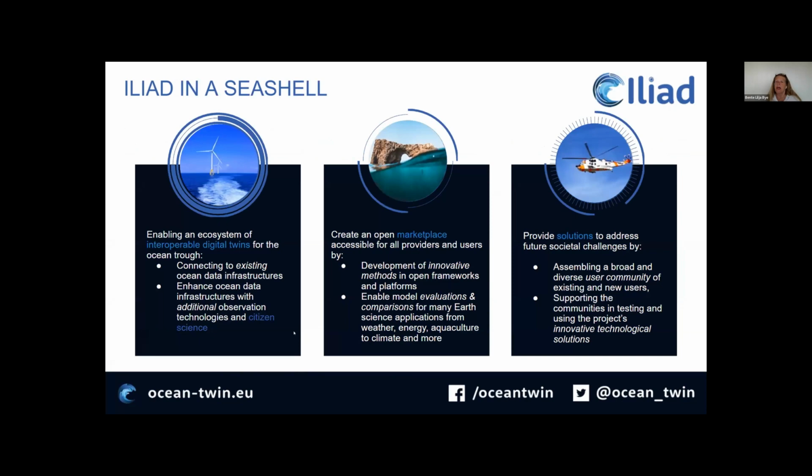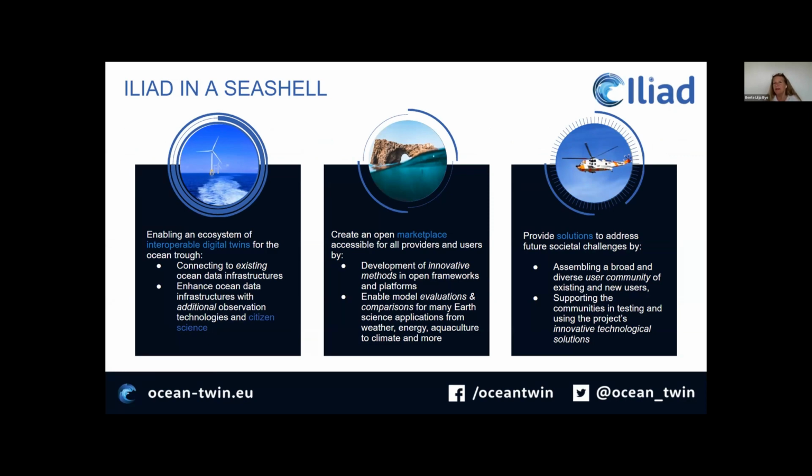In Iliad, we have three pillars, Iliad in the seashell here. First of all, we are enabling an ecosystem of interoperable digital twins. So there are multiple twins, and we are connecting with existing infrastructure as well as providing new information and facilities, including, again, citizen science.